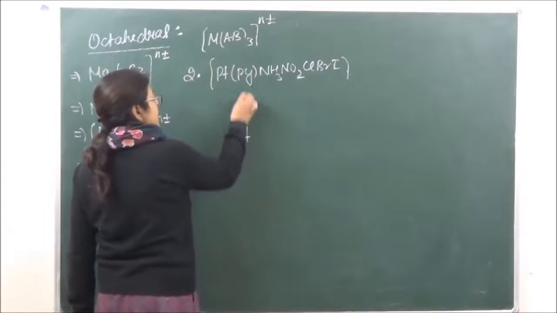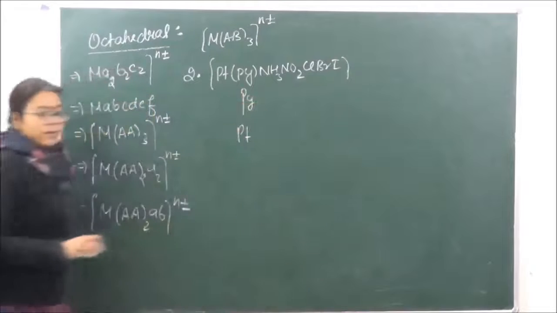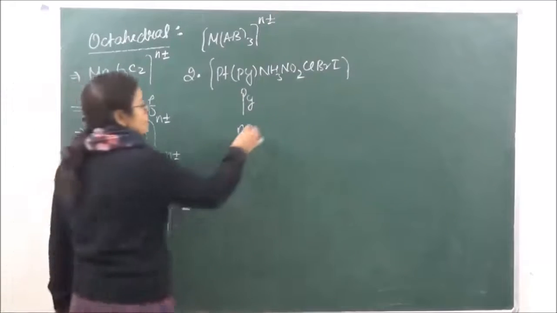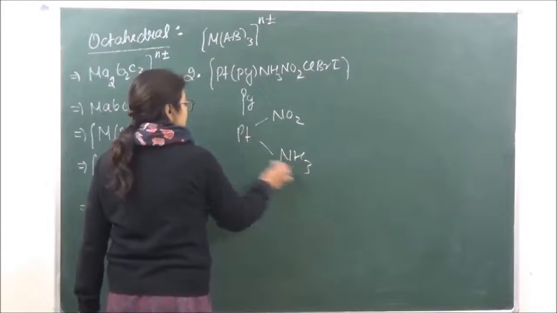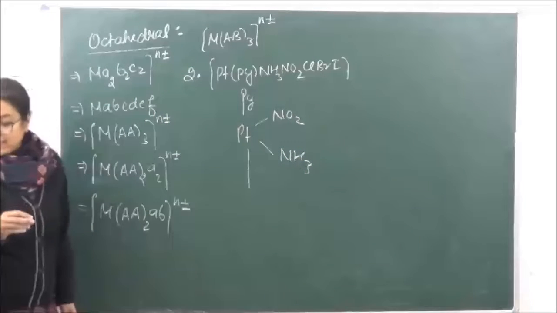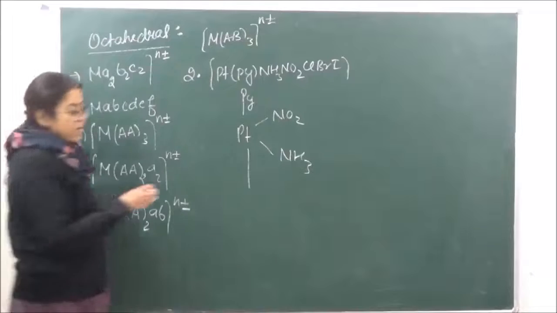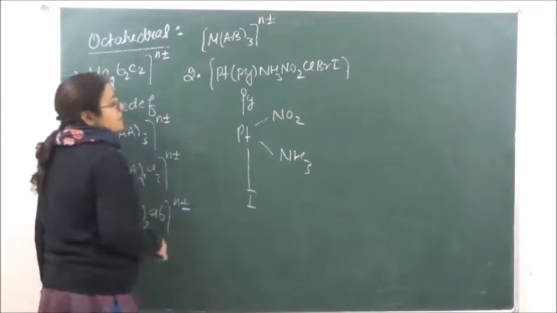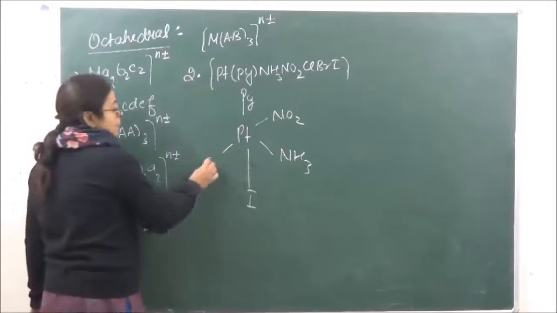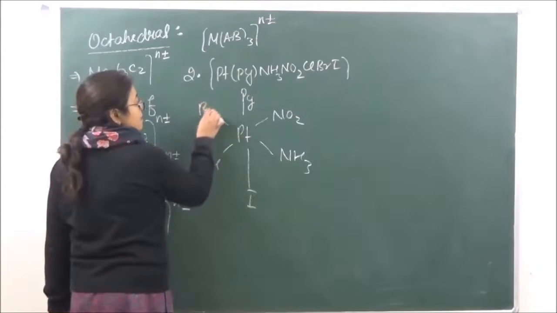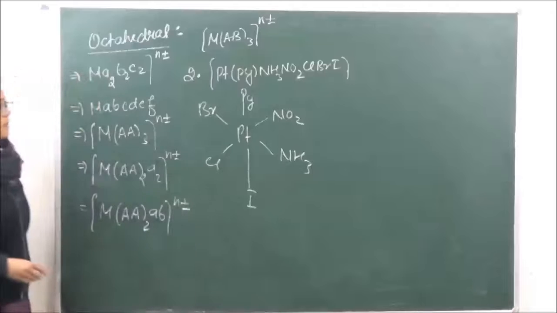Let's say that we put pyridine over here, and then we have NO2, NH3, and then iodine, then chlorine, and bromine.